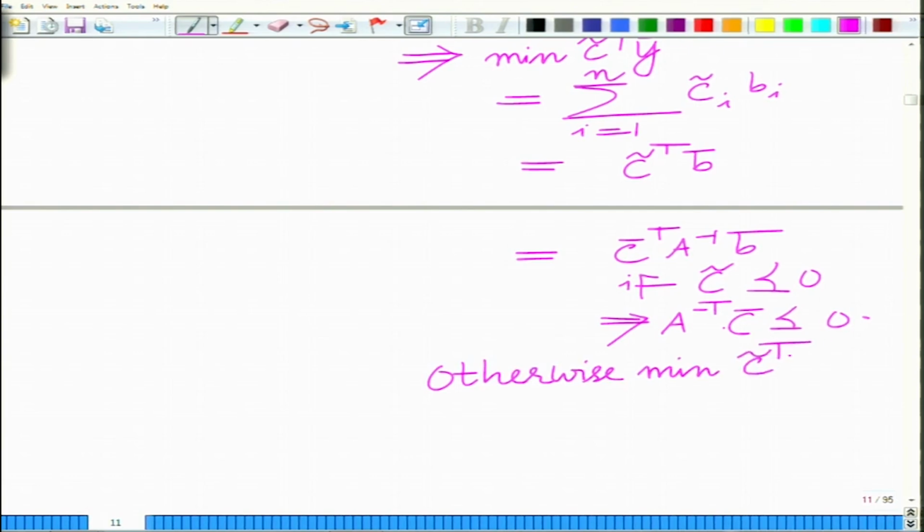the minimum of C tilde transpose y bar equals minus infinity, because if any component of C tilde, that is any component of A inverse transpose C bar, is greater than 0, the corresponding y i can tend to minus infinity and the objective will tend to minus infinity.